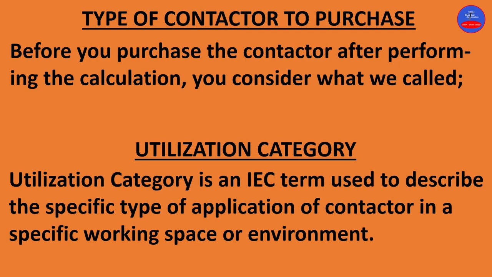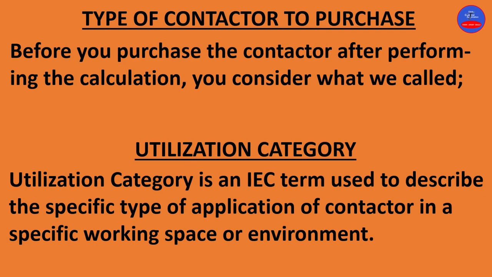What it is talking about is that after getting the size of the contactor, so now we are using the 1.5 margin, and with the 1.5 margin we got 80 amps. All right, so now we know our size of contactor to be 80 amps.